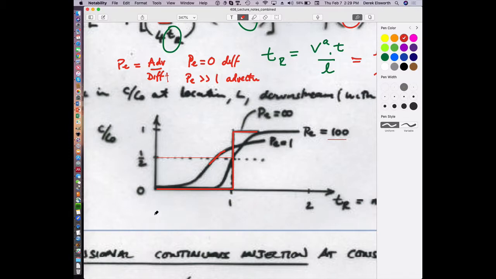And so if we wanted to think about a schematic of what the core might look like that allows that to happen, if this is length, so not really pore volumes, if this is length, then you could think about the front as being something that looks like this. So this is the effect of dispersion.